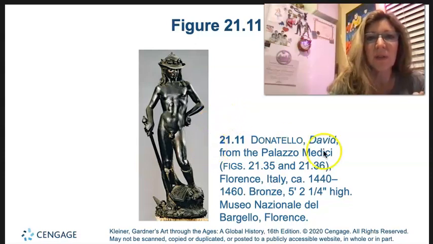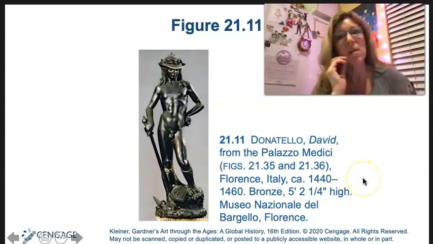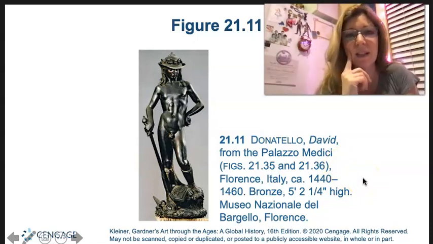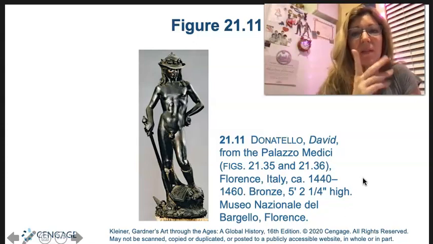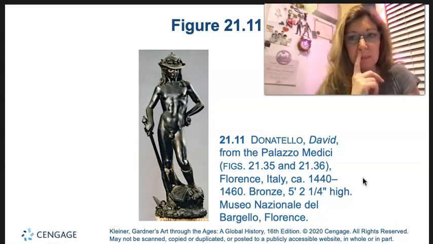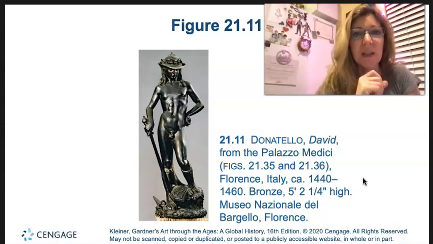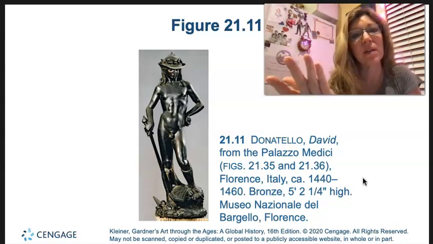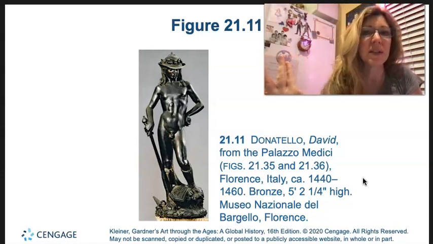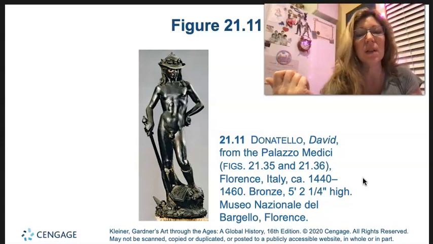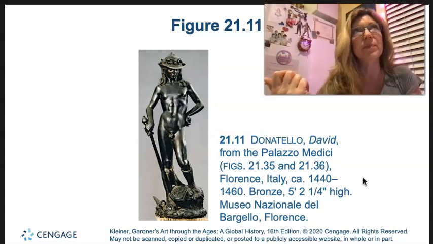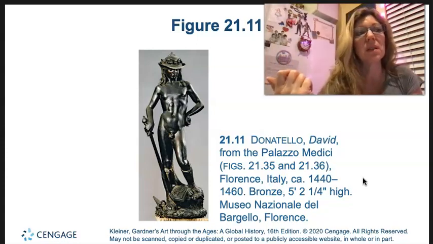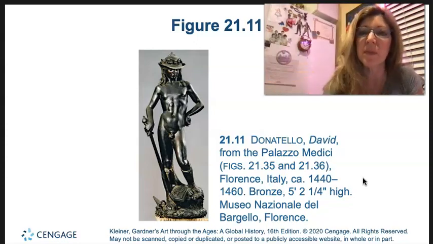So, if you know anything about the Renaissance, lots of times wealthy men would have a teenage boy as their lover who took care of them on the side. It wasn't highly talked about, but people knew it was happening.